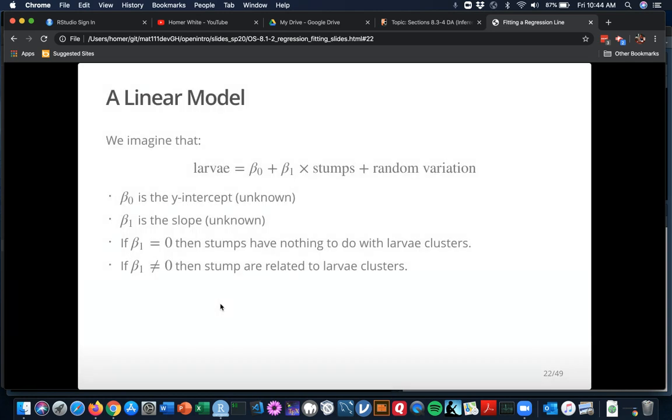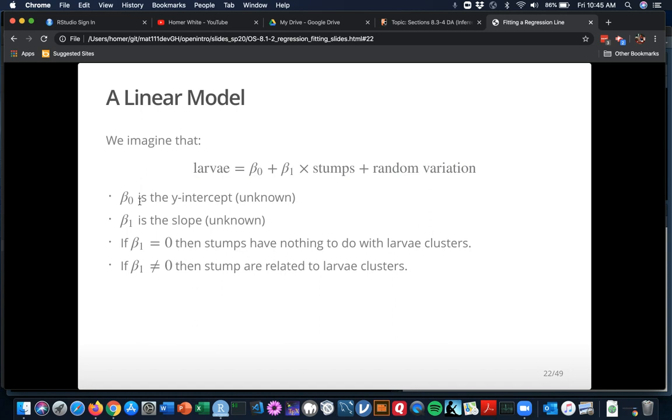So what I'd like to do is set up a mathematical model for the situation, a model for that line. What we're going to imagine here is that the number of larvae clusters is a linear equation: a number, beta naught, plus another number, beta 1, times the number of stumps in the plot, plus another number that's produced by random chance.